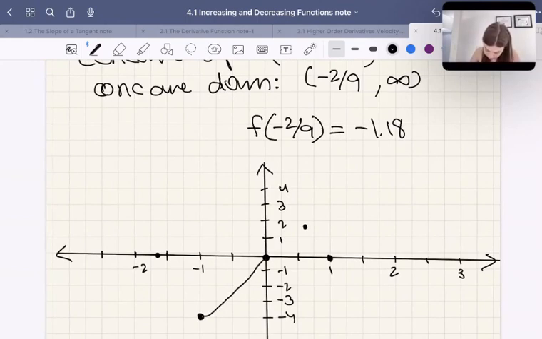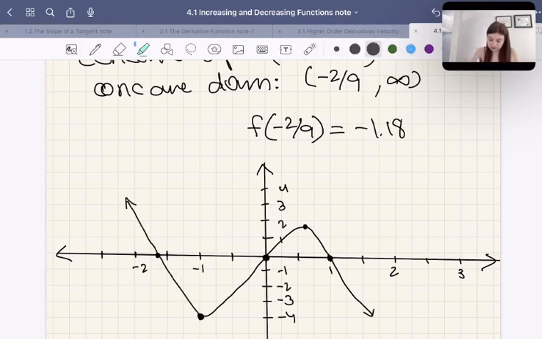So we're increasing here, and then we're decreasing everywhere else. Oh, oopsie. And that is true, right? If we look at it from left to right, we're going down, down, down, up, down, down, down forever. So mostly we're decreasing. We're not increasing very much, but I want to clarify that.